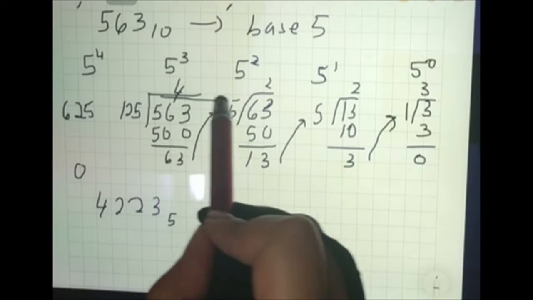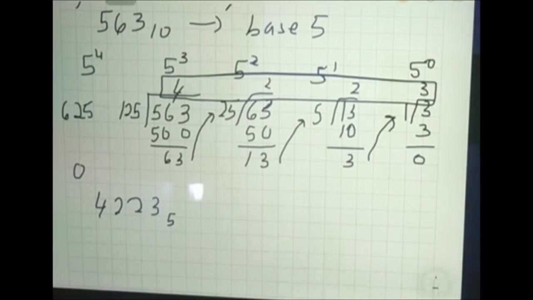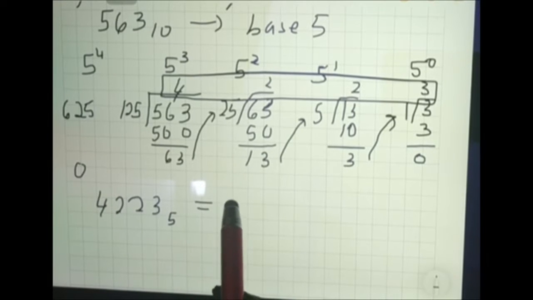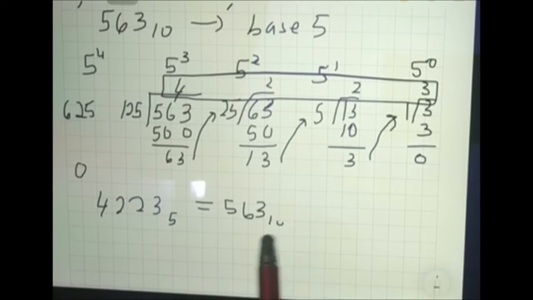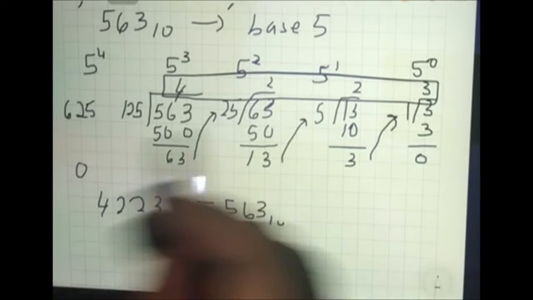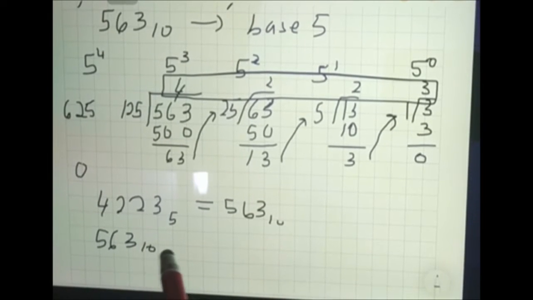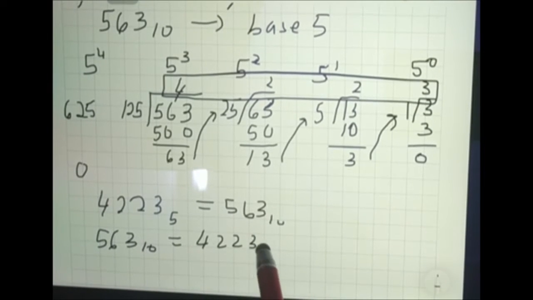Sorry, we have to write it the other way around. So 563 base 10 equals 4, 2, 2, 3 base 5.